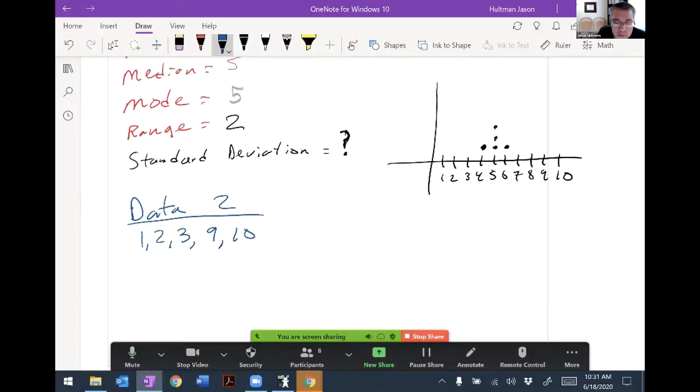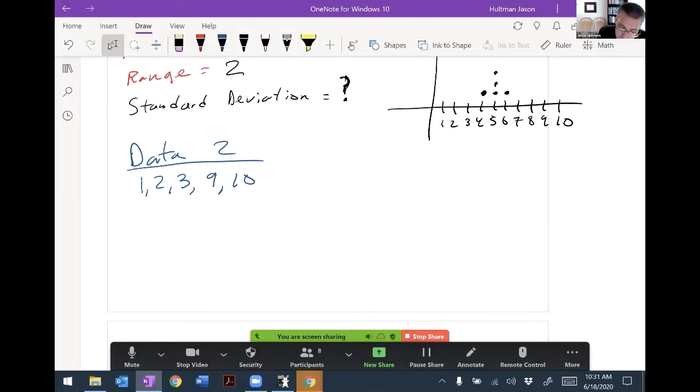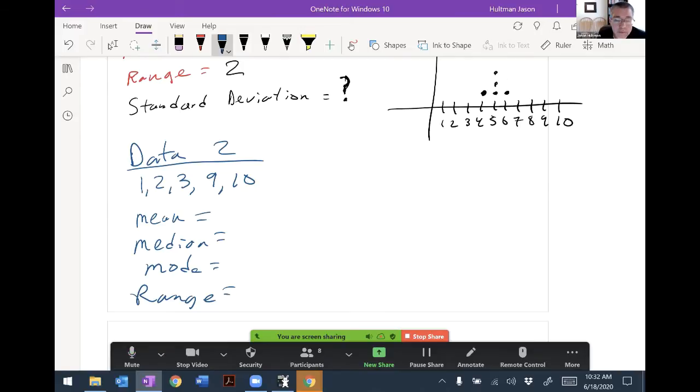And what I want from you guys is to find the mean, median, mode, and range, and put your answers in the chat box. I want the mean, median, mode, and range, and I want you to type those answers in the chat box and send them to me as a chat.